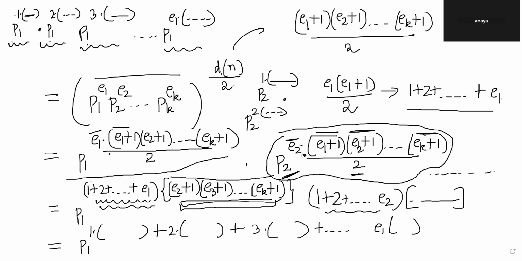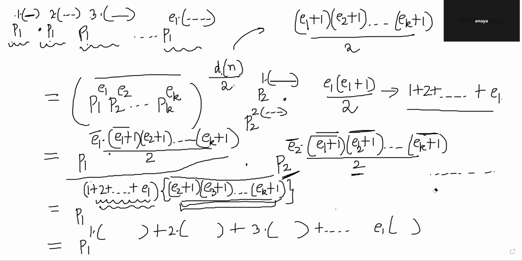E2 into E2 plus 1 by 2 can be split as 1 plus 2 plus 3 till E2. Because of that splitting, now we can separate the powers like this. We are using the distributive law, and we are separating the powers.